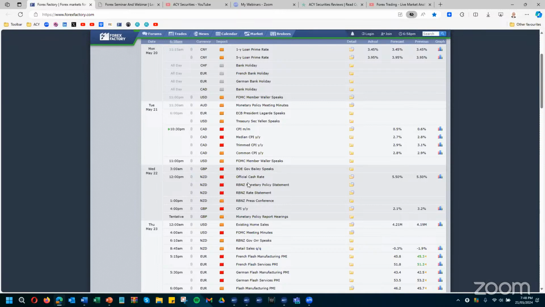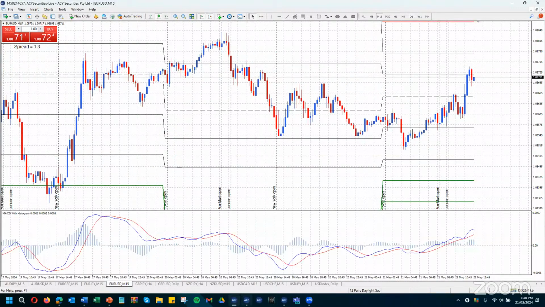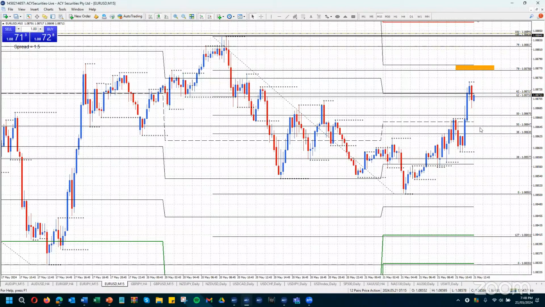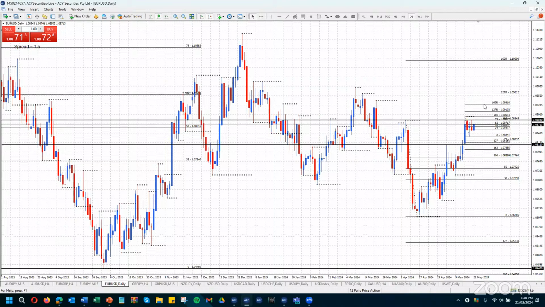Azu, you're asking me on the euro dollar, my buying area. Get my other charts up. It would need to pull back more than where it's at the moment. On the day chart, if the day chart trend here is going to remain bullish, this is where we broke above last week.